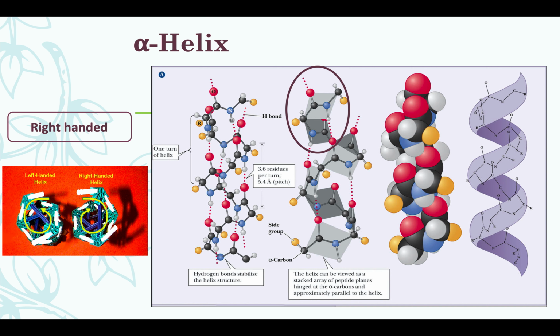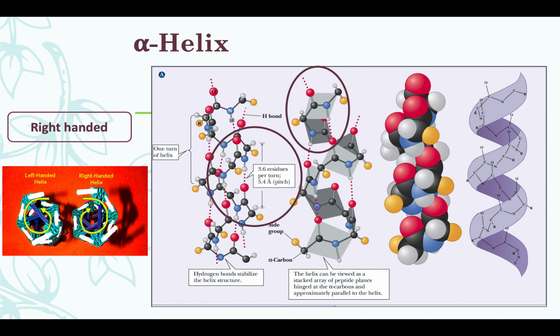It means that from the N-terminal end, the C double bond O, or the carbonyl of each amino acid residue, is H bonded to the NH group of the amino acid four residues away from it. You may want to count it. There are 3.6 amino acid residues per turn.